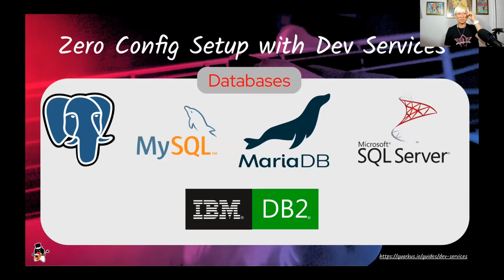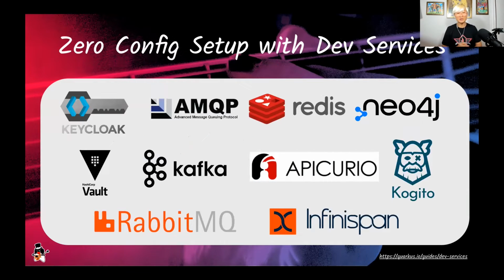Here is a quick example of which databases you can use with Dev Services based on Testcontainers: PostgreSQL, MySQL, MariaDB, MS SQL Server, and also IBM DB2 and even Oracle database. That's not the end. Quarkus provides so many different technology stacks for Dev Services.